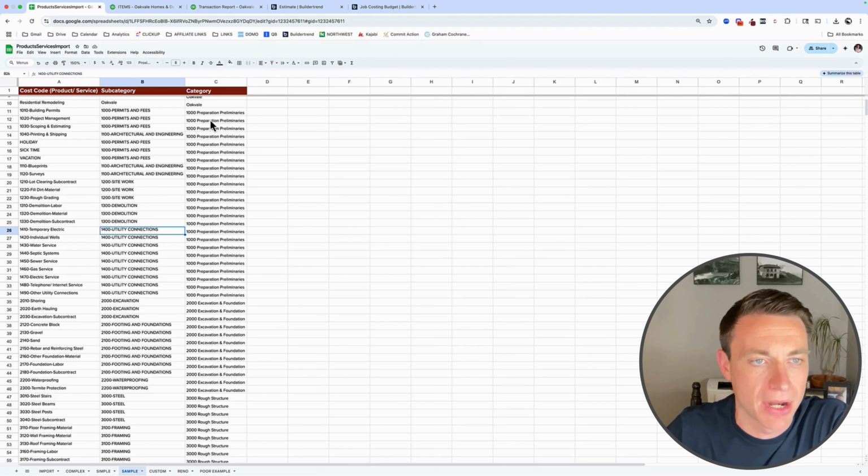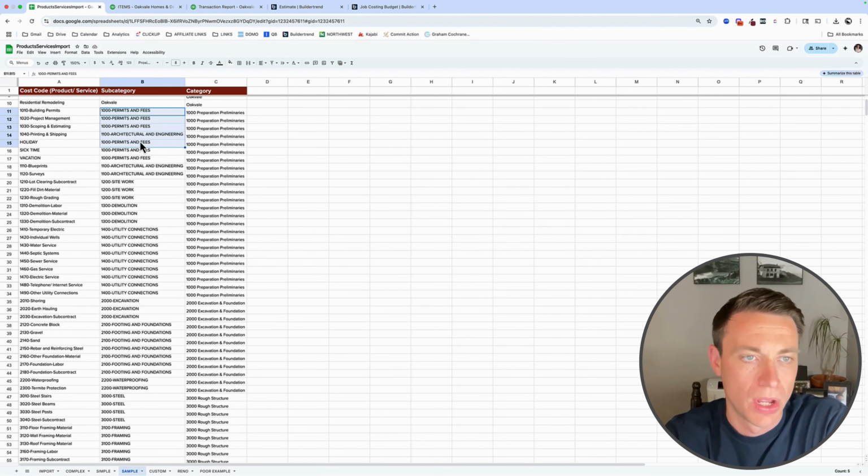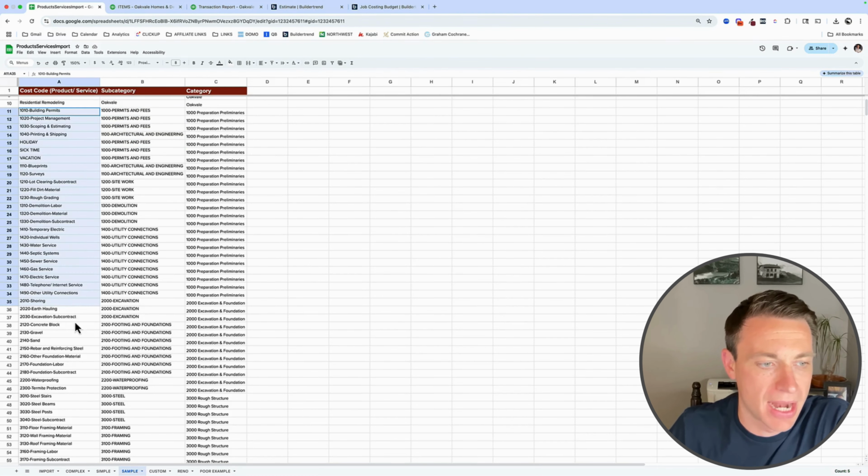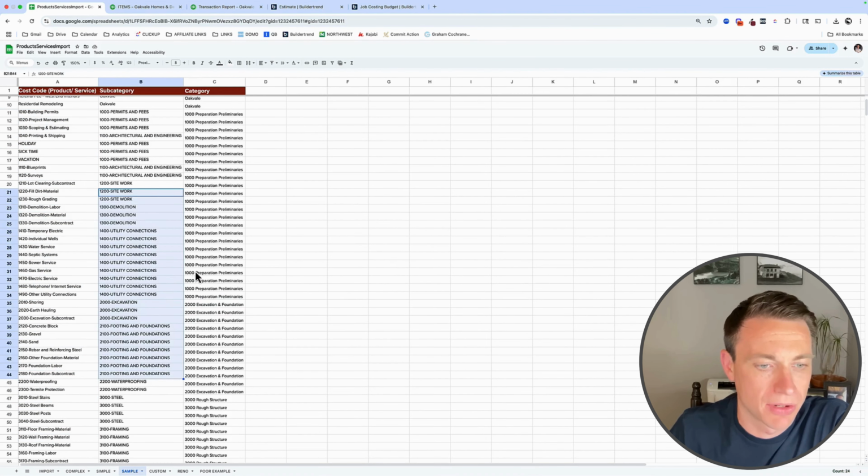All right, so a category and a subcategory makes a lot of sense. And what we can do when we make our numbers 4 digits instead of just like 1 for building permits is we're leaving room for growth. And that's the second thing we're going to discuss here in a second, is leaving room to add more if we need to. But you can see here that I'm adding all my cost codes, my subcategories, my categories.